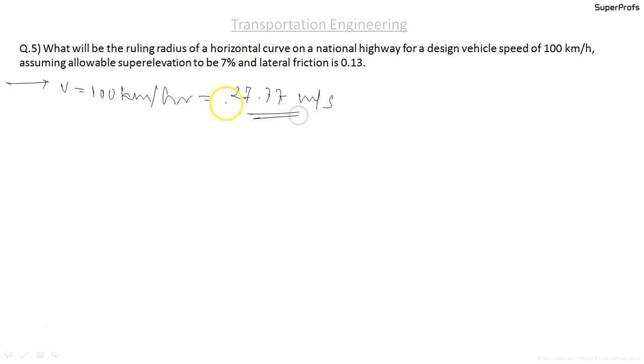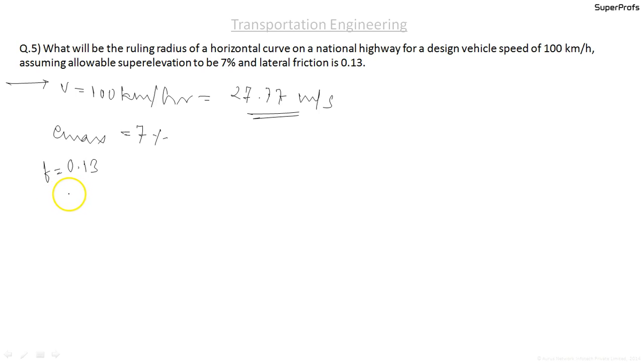Guys, by now you should know that 100 km per hour stands for 27.77 meters per second. And the allowable maximum super elevation is 7%, and the lateral friction is 0.13.